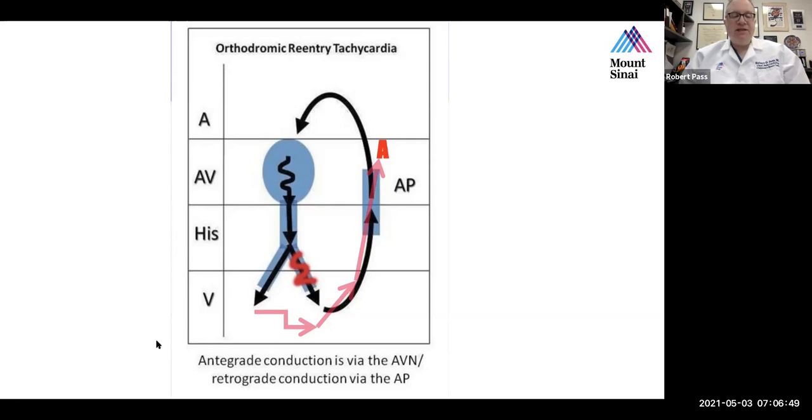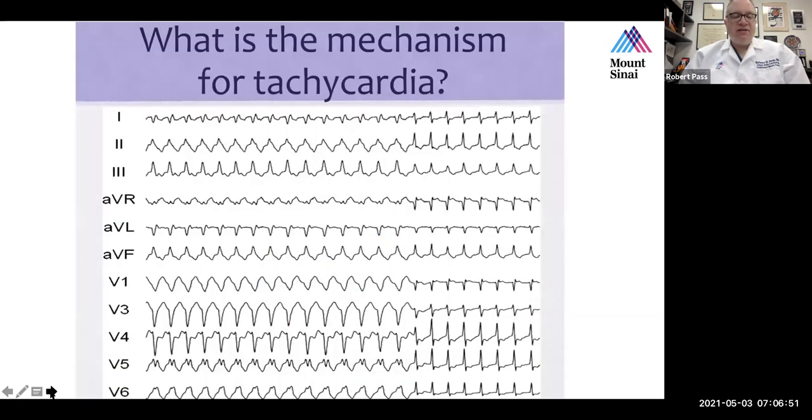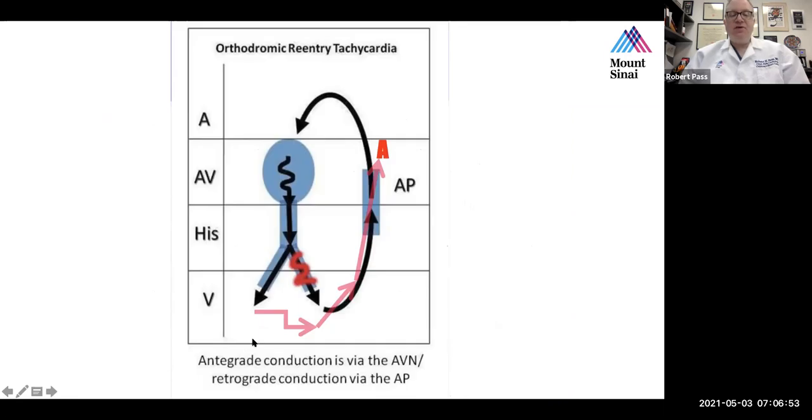If you have a left bundle aberrancy, and again, this is a random event. In other words, there's no way to know this, but if there is a left bundle block, that means by definition that you can only go down the right bundle. And so the cycle length of tachycardia is going to be longer if the pathway is on the same side.